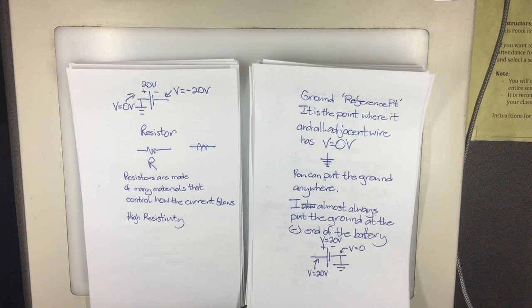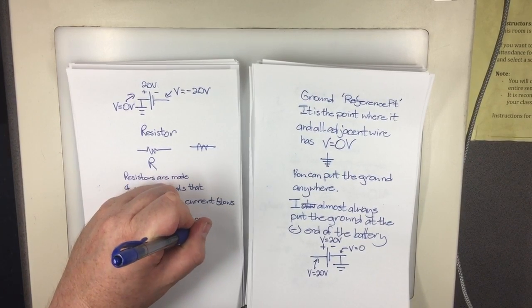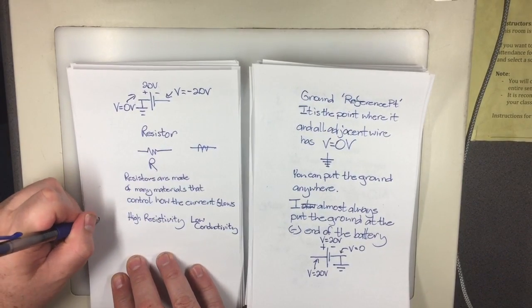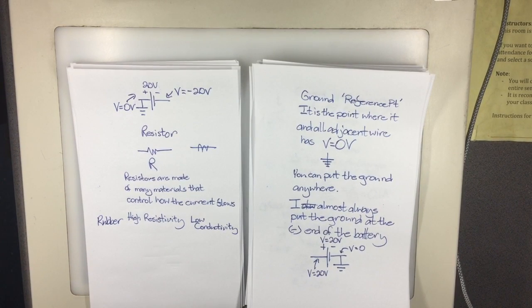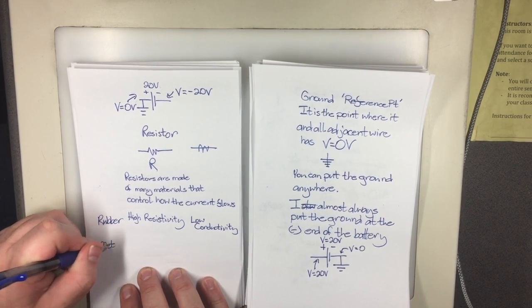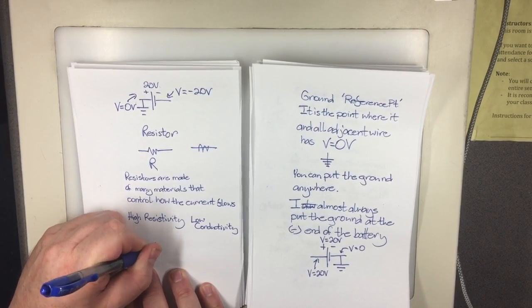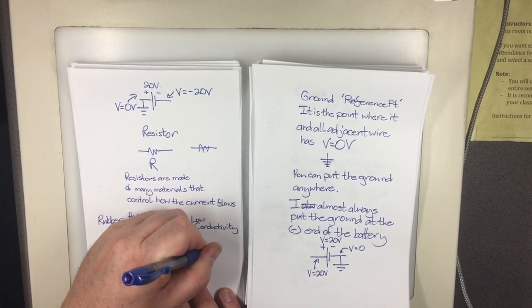Resistivity is the material's ability to prevent current from passing through it. If you have high resistivity, you have low conductivity. And the best example that I have is like rubber. Very difficult to pass current through rubber. Metal, like wire, has low resistivity or high conductivity.